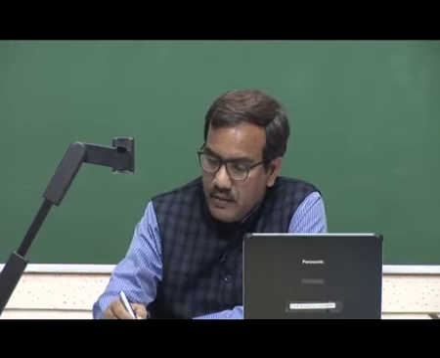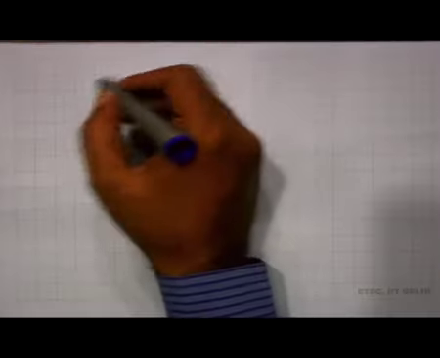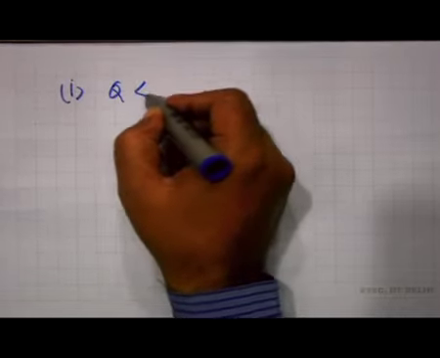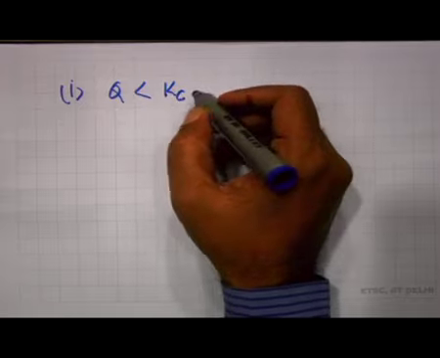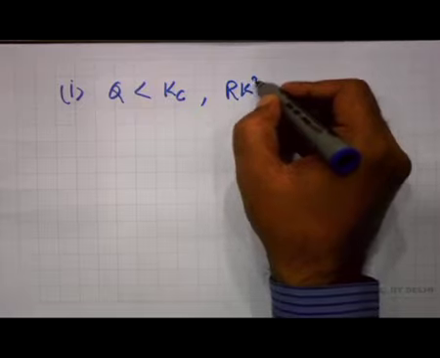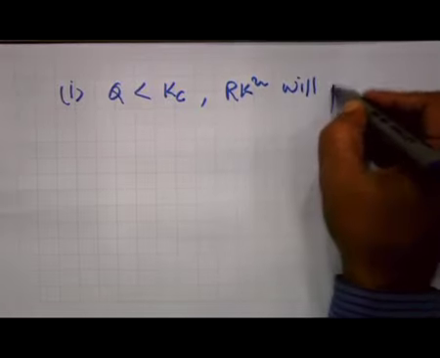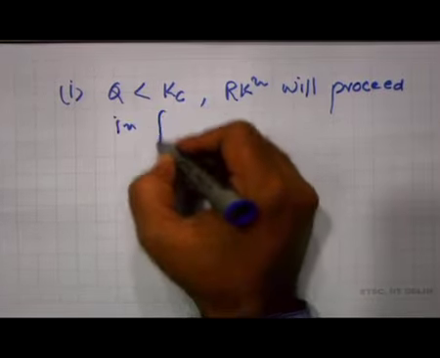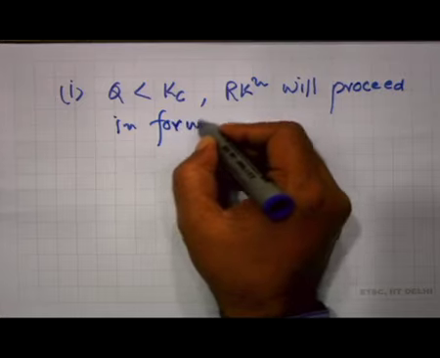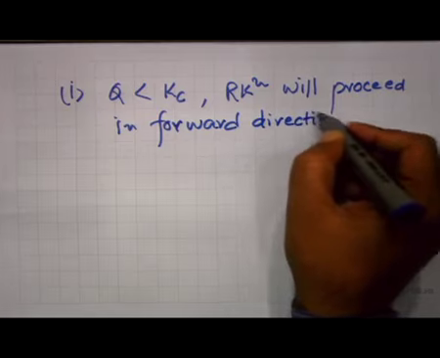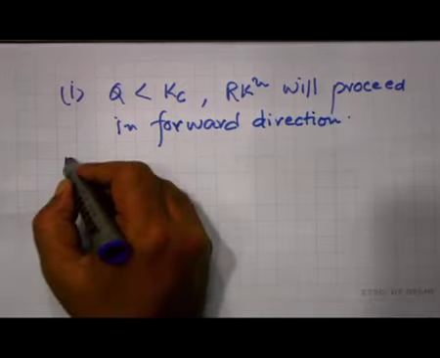So, there are three very important points. First, when Q is less than Kc or K, your reaction will proceed in the forward direction.